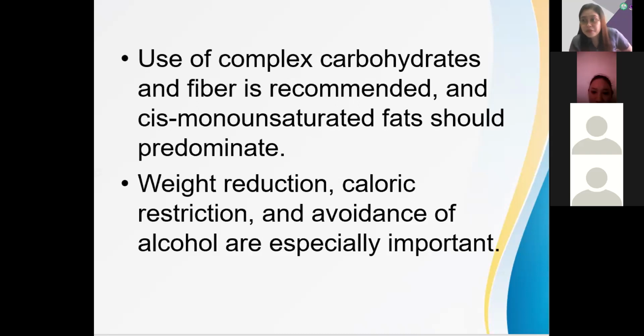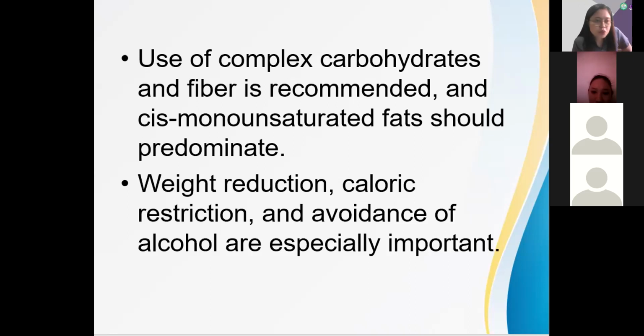So mas advisable ang black rice para dili kaayo daghan og carbs, I mean, complex dapat ang iyang carbs. So actually lisod na siya ma-metabolize, and then dili siya mag-breakdown, so dili siya magdaghan og glucose sa imong body. Or kung magkaon ka og fatty foods or oily foods, it has to be cis monounsaturated fats.